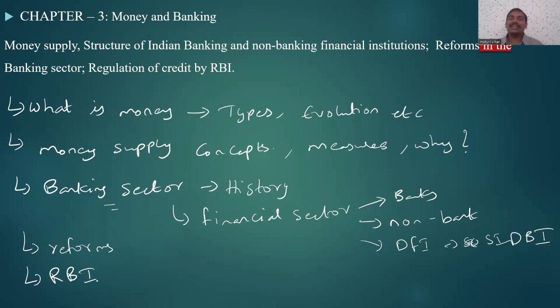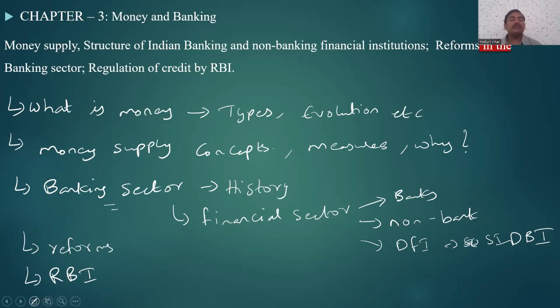Without this regulator, nobody can work in a proper way. RBI acts as a regulator for both public sector banks and private sector banks, and it tries to see that everybody is working properly by issuing rules and regulations. So RBI plays a crucial role in the banking sector of India. That's the reason we'll go for RBI.